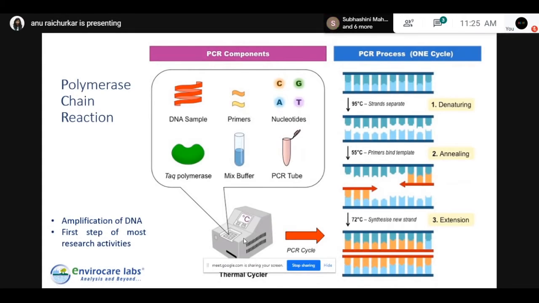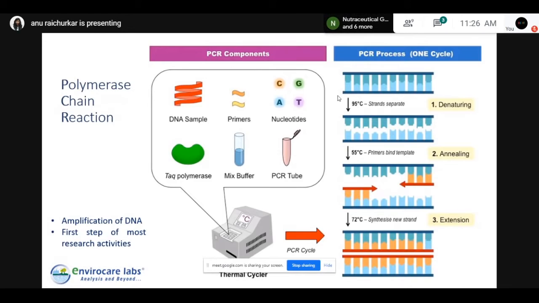We go from very high temperature to medium temperature to very low temperature, in various cycles which include temperature fluctuation. So the enzyme has to be able to sustain all these temperature variations, which is why we use Taq polymerase. And then there are buffers, and we need PCR tubes also to carry out a reaction. Once the ingredients are together, we put them into the thermal cycler, and then the PCR happens.